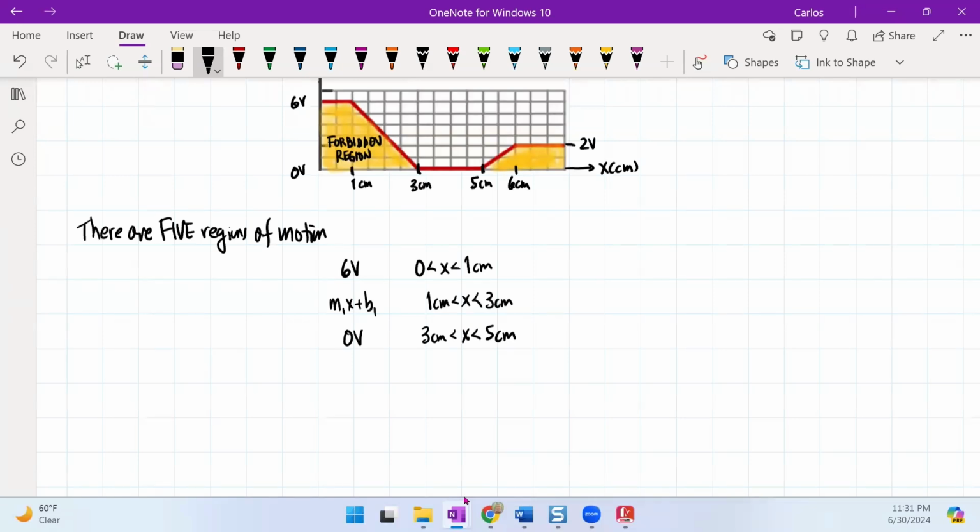And then I have another linear line, which we'll have to compute, between 5 centimeters and 6 centimeters. And then finally, this curve is going to be 2 volts if this is greater than 6 centimeters. So this here is the potential curve.